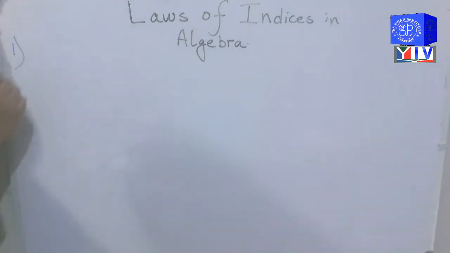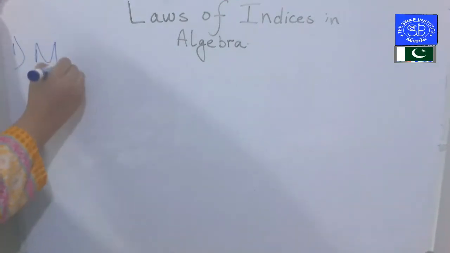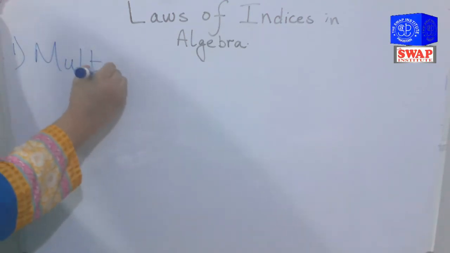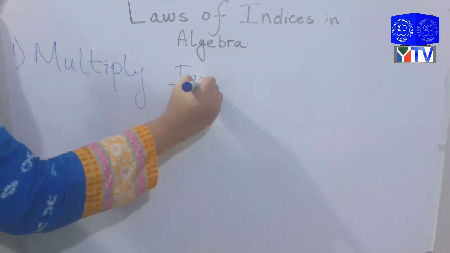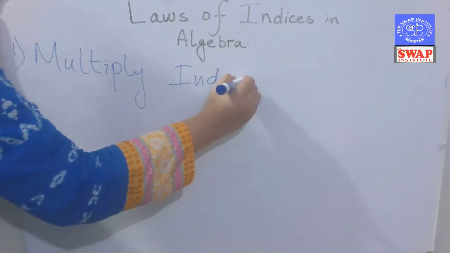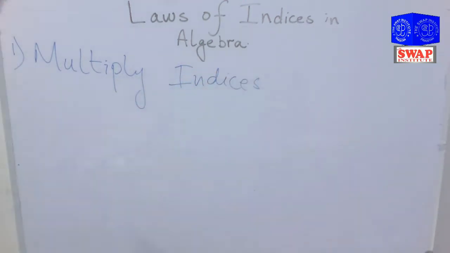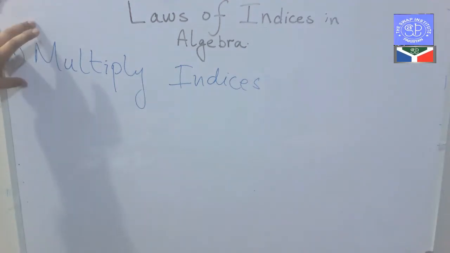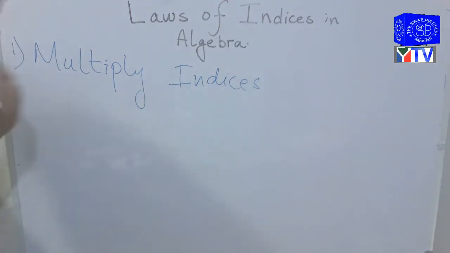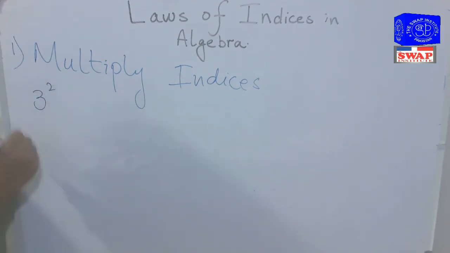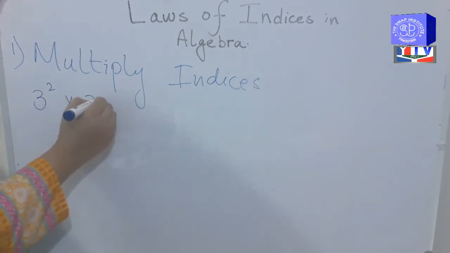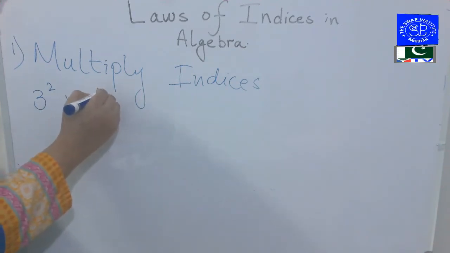The first rule was multiplying indices. While applying this rule with numbers, what we used to do is like 3 raised to power 2 multiplied by 3 raised to power 4.